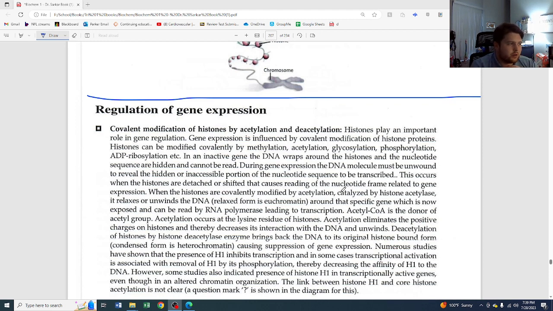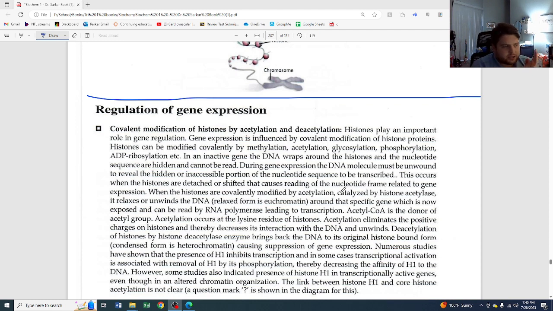So we're going to talk about covalent modification of histones by acetylation and deacetylation. So those histones that are wrapped around the DNA, holding all the DNA in place, are going to be modified by acetylation and deacetylation in order for the genes to either be expressed or essentially turned on or turned off.